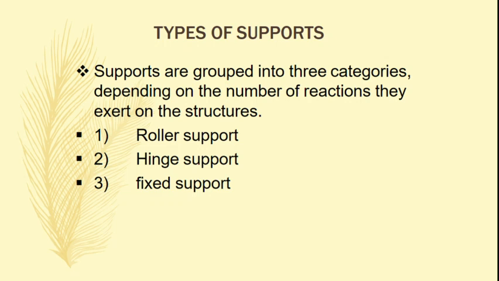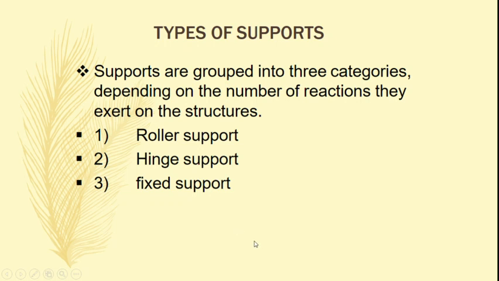We have to understand what type of reaction forces we get from the different types of support. Supports are grouped into three categories depending on the number of reactions they exert on the structure. We discuss these three supports mainly: roller support, hinge support, and fixed support.